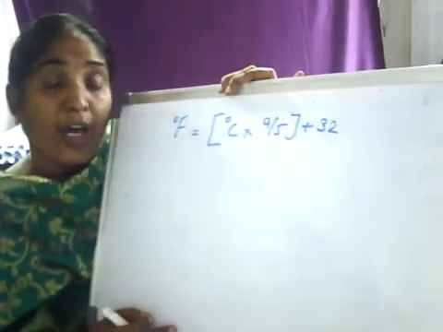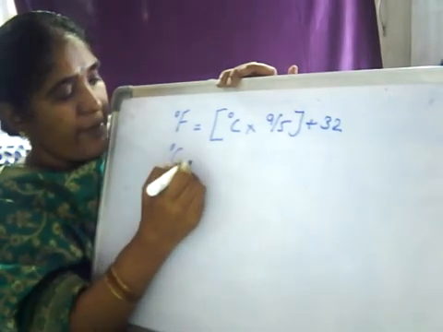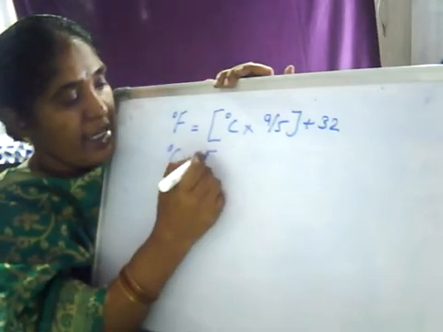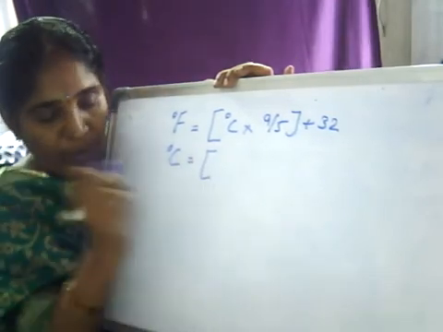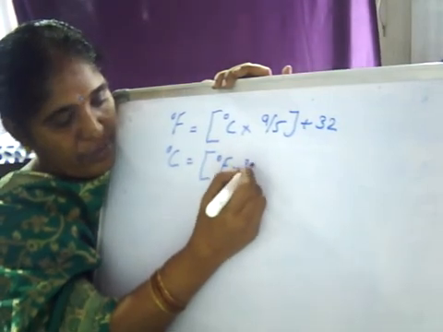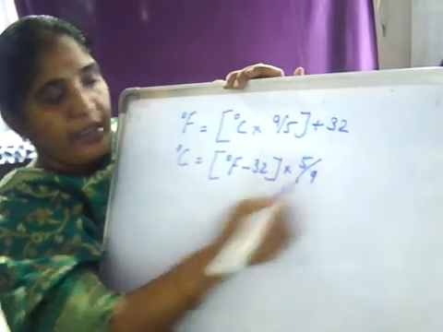To convert Fahrenheit into the Celsius scale, we use this formula: degrees Fahrenheit minus 32, into 5 by 9.